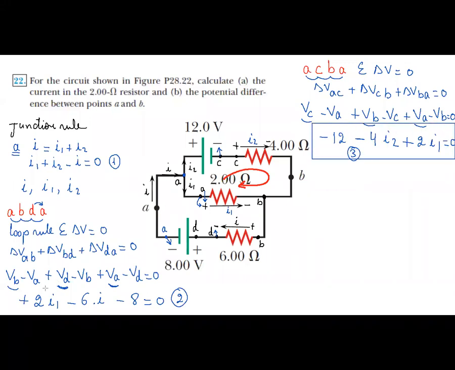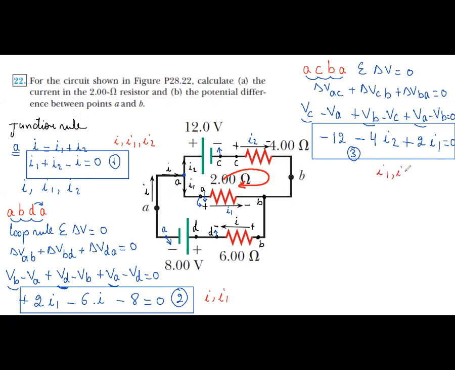Equation 1, 2, and 3. One is in function of I1 and I2, this one between I and I1, and this one between I1 and I2. We can use the calculator to get the value of I1.